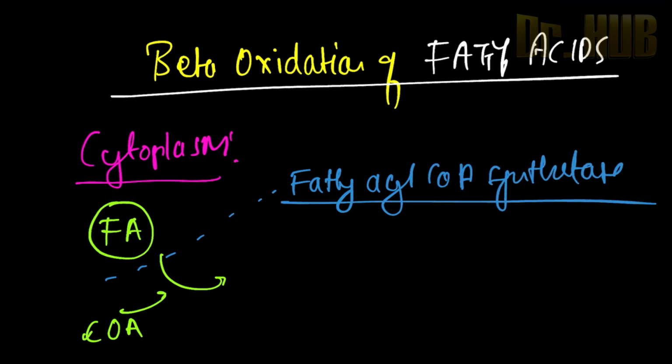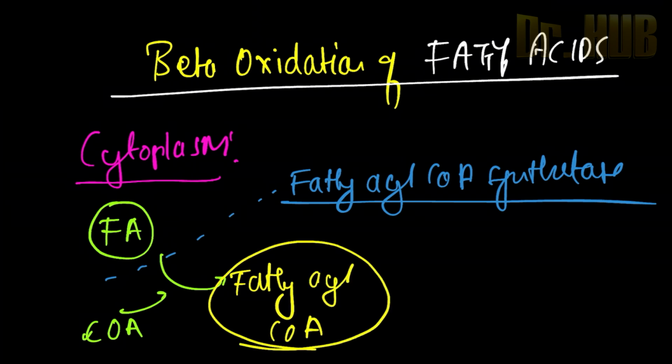In the presence of this fatty acyl CoA synthetase, the fatty acyl CoA is formed. After this formation of the fatty acyl CoA, it is again converted to the fatty acyl carnitine.